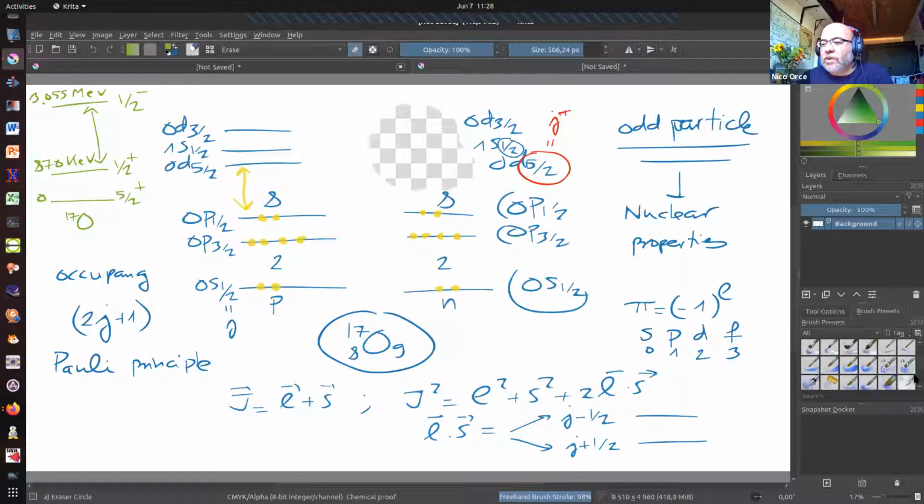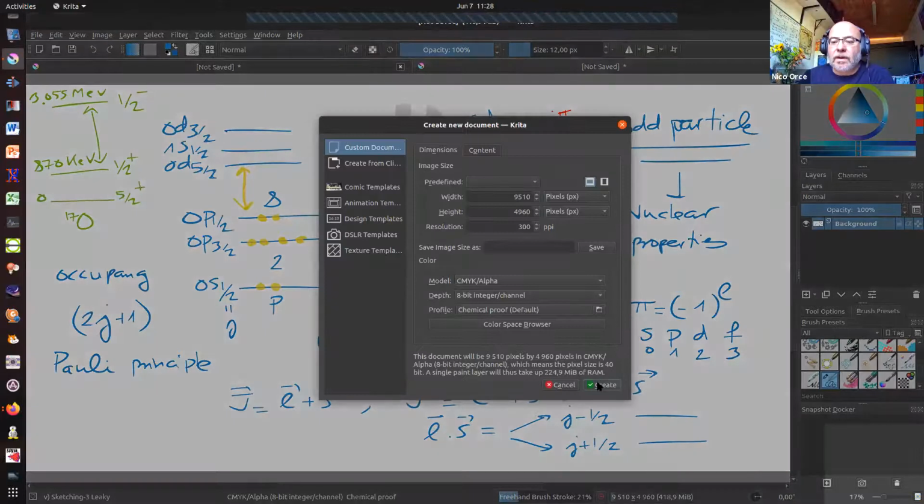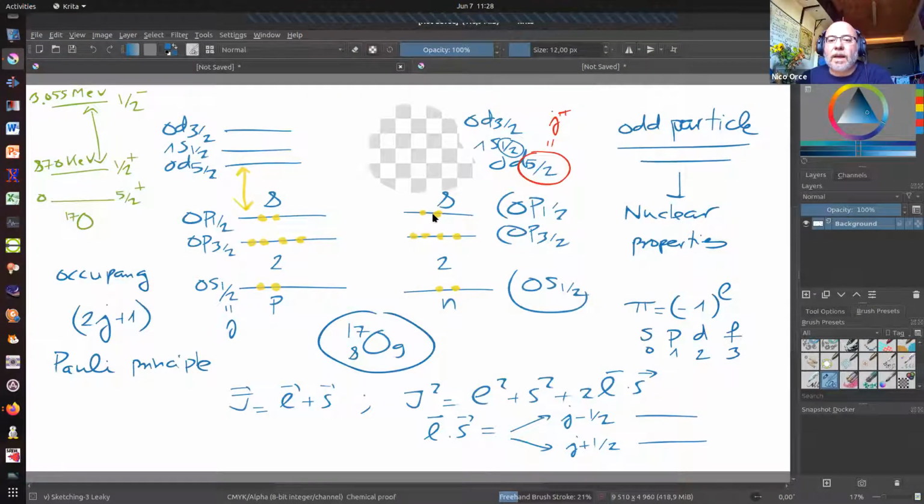And we have this level that now we can write on top of that thing that we erased. Let's make a new one. And let's just draw this quickly again.